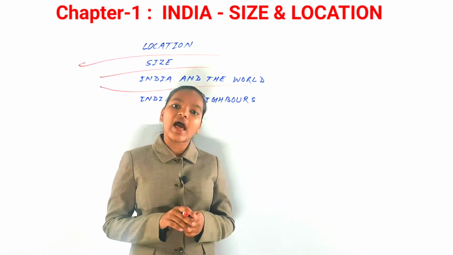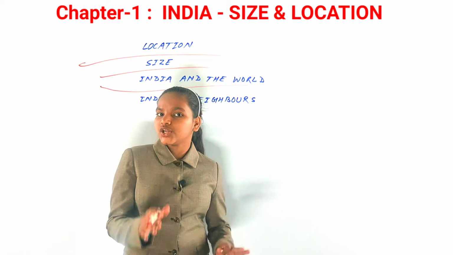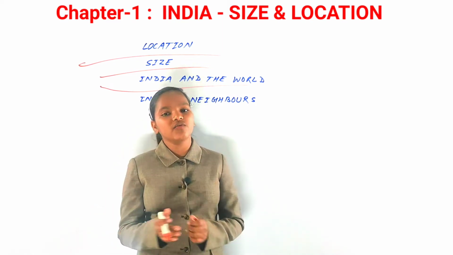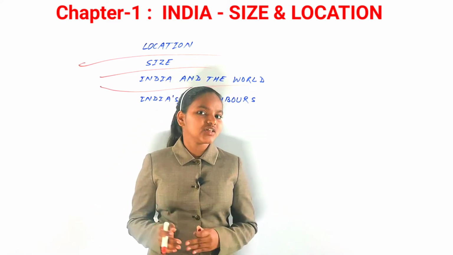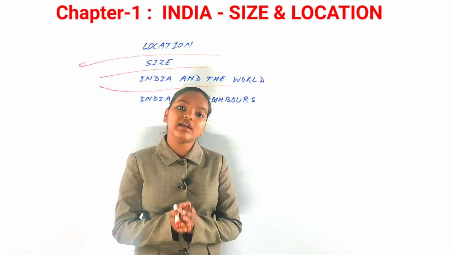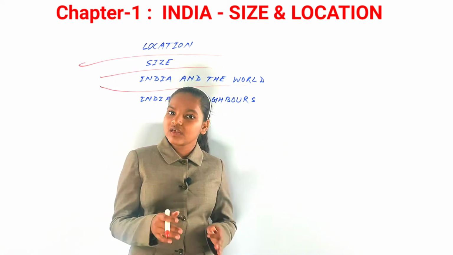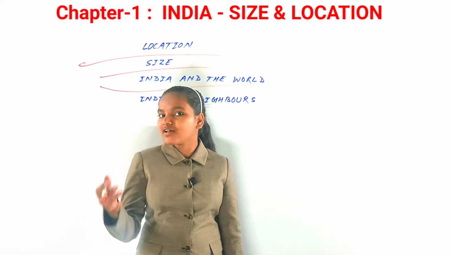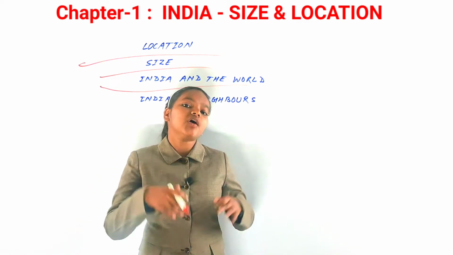And there has been a very good connection of India to the other parts of the world. For example, the Upanishads of India, the Ramayana and the Panchatantra stories of India have been spread to other parts of the world.